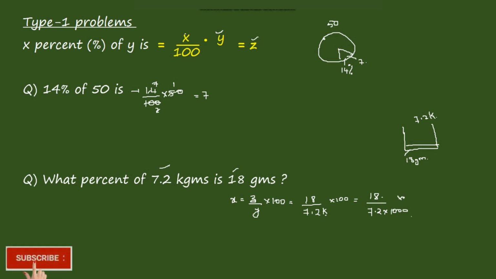Again it becomes 100, the zeros get cancelled, it goes by 1, it goes by 0.4, and 10 into 0.4 becomes 1 by 4, which is equal to 0.25 percentage. So 18 grams is 0.25 percentage. Come to the next question.